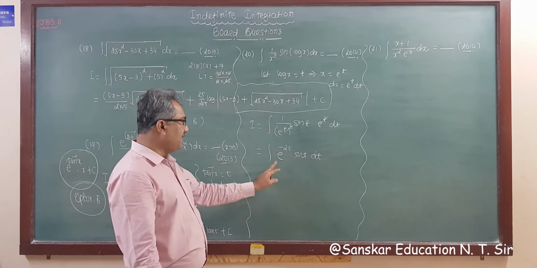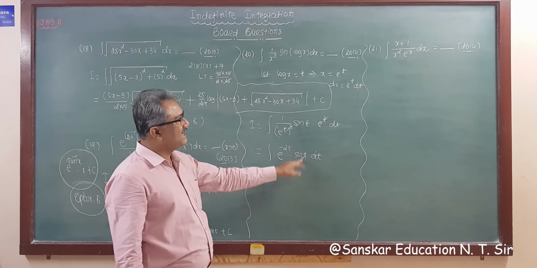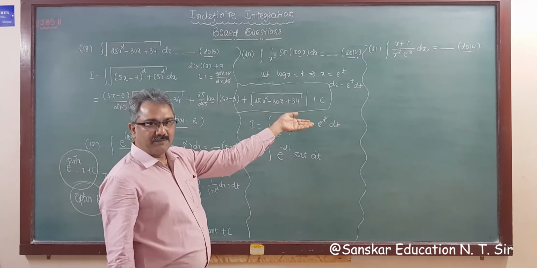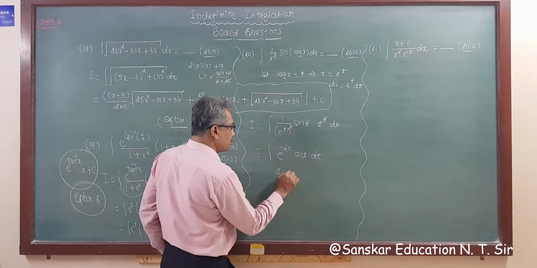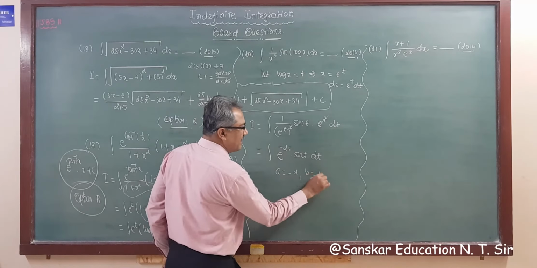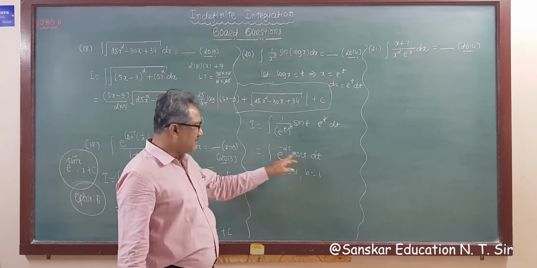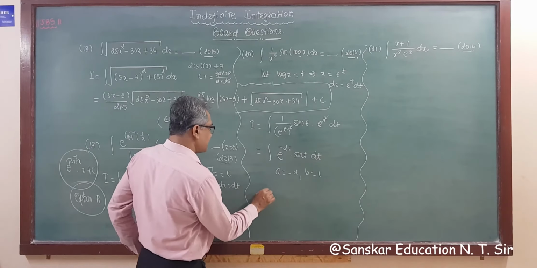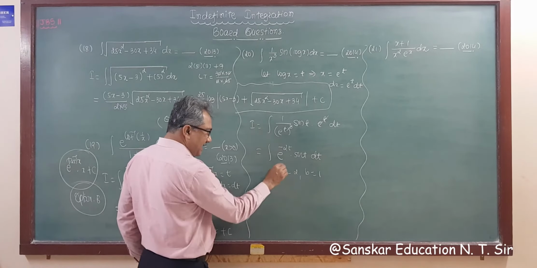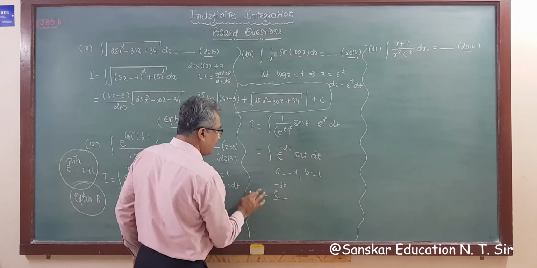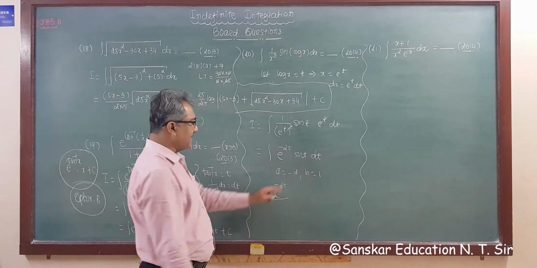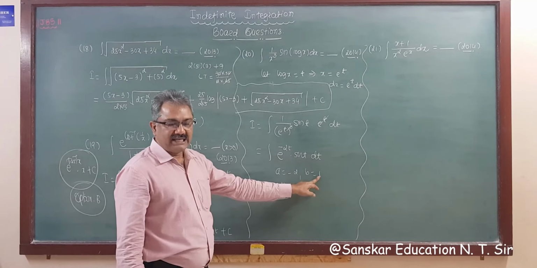Now the formula for e raised to ax sin bx dx, as we discussed in the previous example. For e raised to ax sin bx dx, a is -2 and b is 1. So the answer will be e raised to ax, that is e raised to -2t, upon a square plus b square, 4 plus 1 is 5.